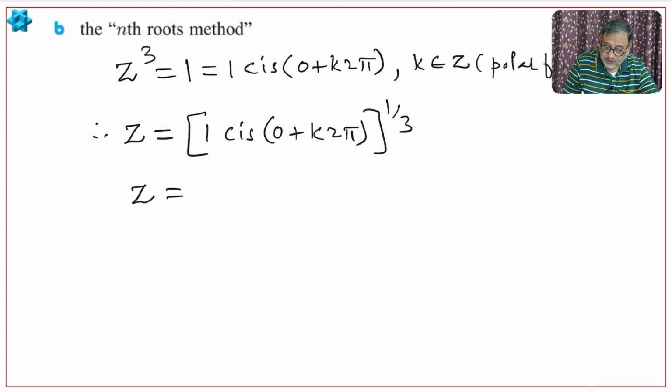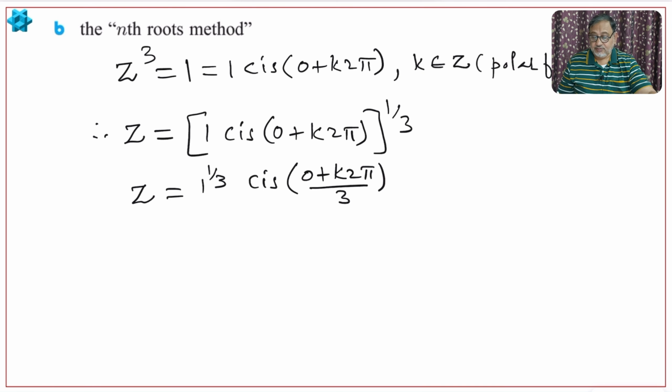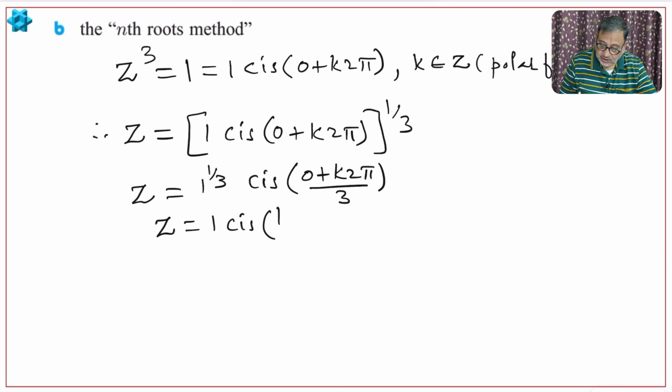So z will be 1 to the power 1 by 3 and cis will get this multiplied. Okay. So 0 plus k into 2 pi by 3 in the angle, it will get multiplied in the angle. So therefore z is equal to 1 cis k into 2 pi by 3, right.